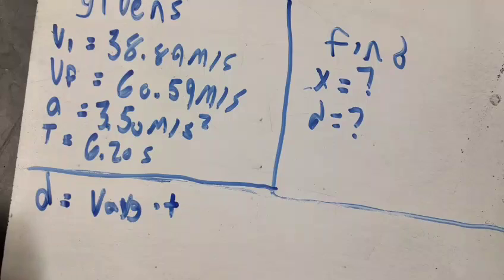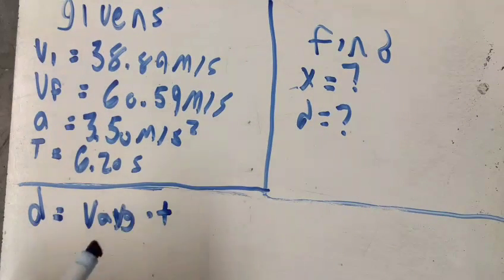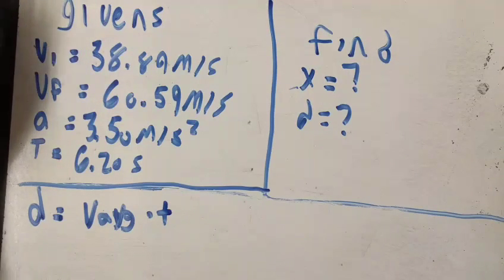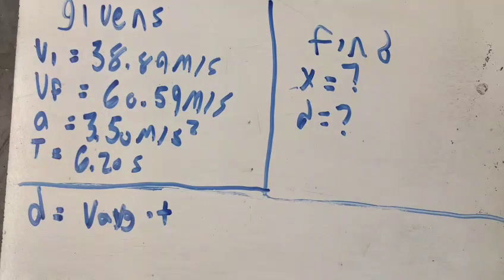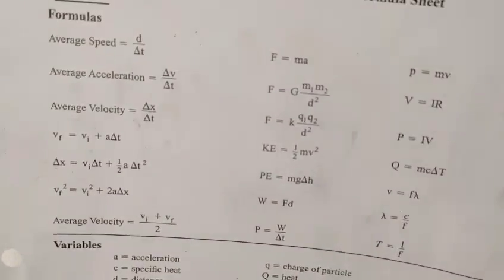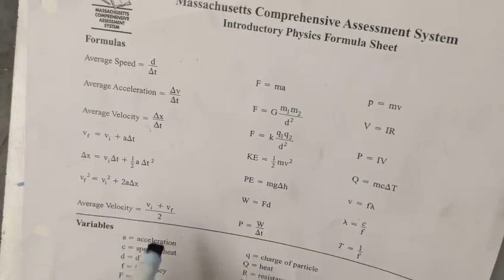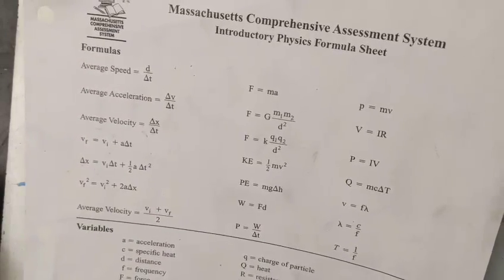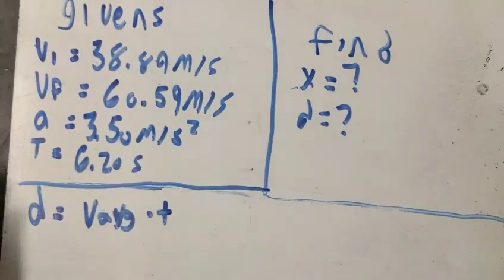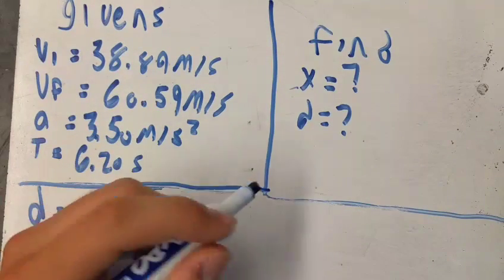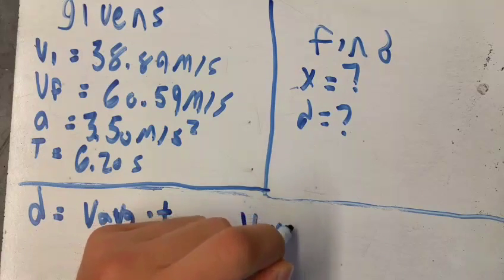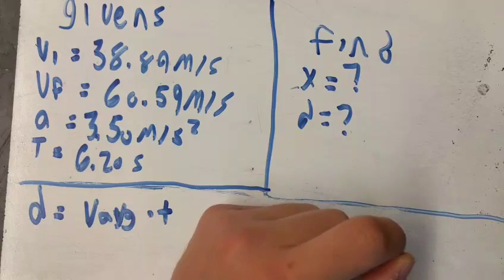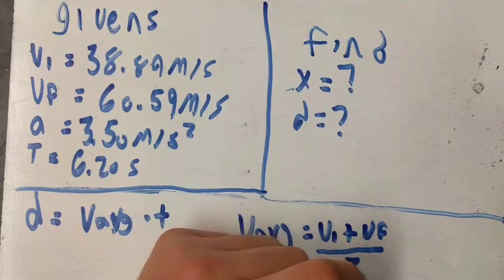And then we're going to refer back to our formula sheet because we don't actually have velocity average. What we have are velocity initial and velocity final. So we're going to look for a formula that gives us average velocity, and that's this one right here. Velocity average is equal to velocity initial plus velocity final divided by 2.